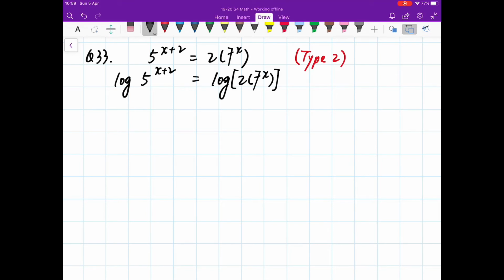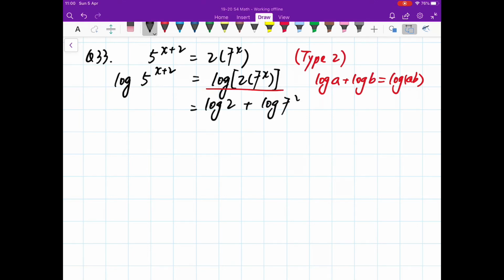Okay, so first we will deal with the right hand side by the property of log a plus log b equals log ab. And we will separate the 2 times 7 to the power x into log 2 plus log 7 to the power x.